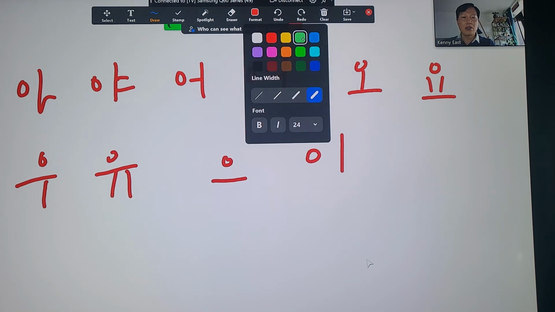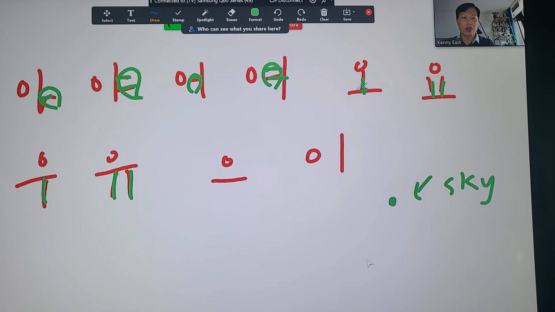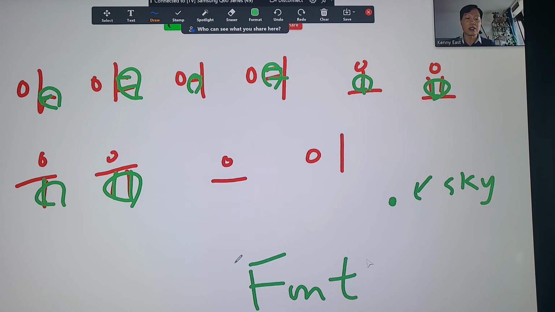Some of my learners asked me about this middle stick concept. It originally comes from this dot, which represents the sky, right? The length of this stick doesn't matter, how long you write it. It's just a different font, a different way of writing. So you can develop your own way of writing Korean letters.